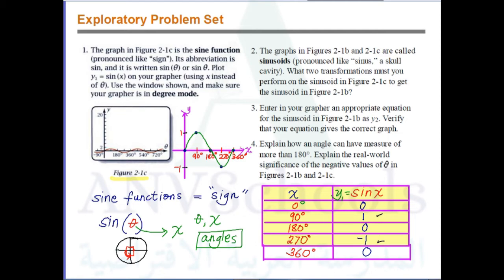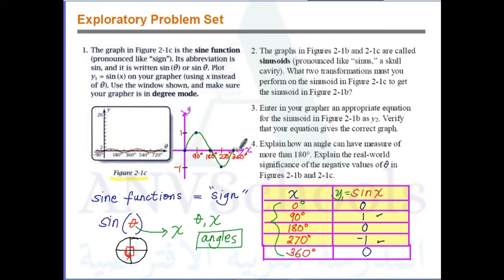Okay, and that is one period. Remember that from 0 we completed one circle. So this is one circle from 0 degrees to 360 degrees. That's one complete circle, or that's one revolution. So that's one period for the sine function.